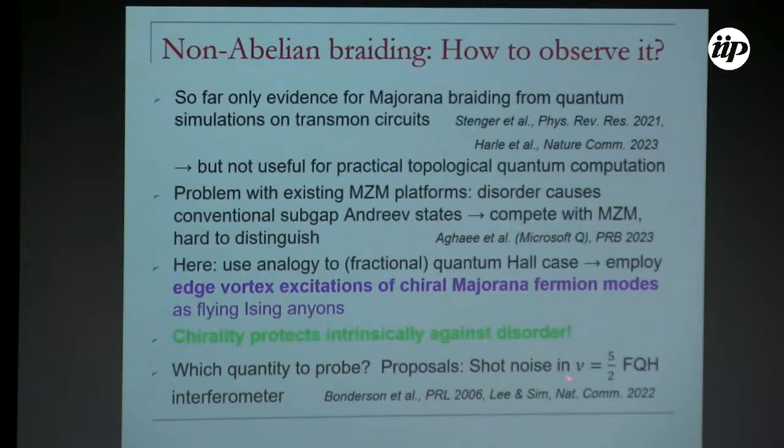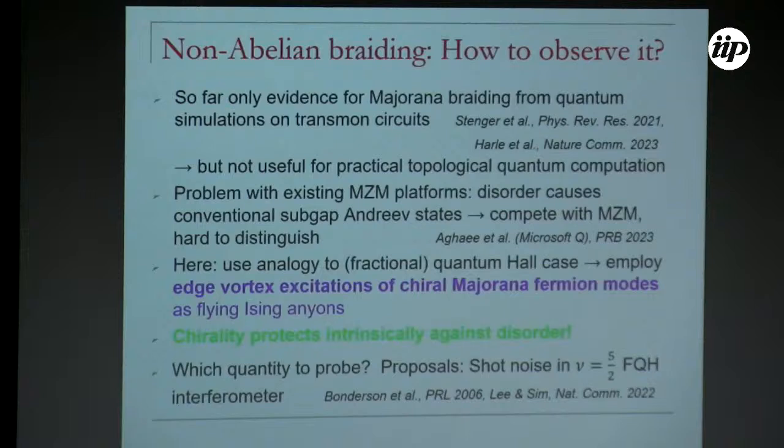Similar ideas have been around for fractional quantum Hall cases, states with non-Abelian particles. The most famous one is the 5/2 state, which should have an Ising anyon. And the existing proposals propose to study shot noise. So this old proposal by Bonderson and co-workers, and more recently Lee and Sim, showed how one could do that to see braiding from shot noise.